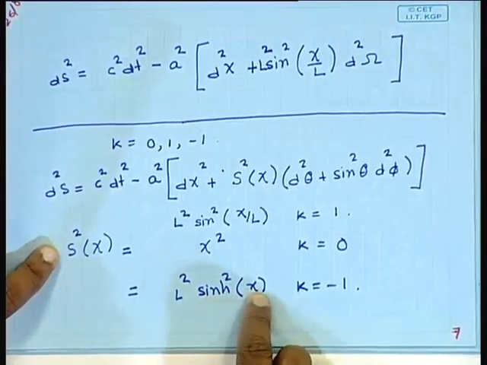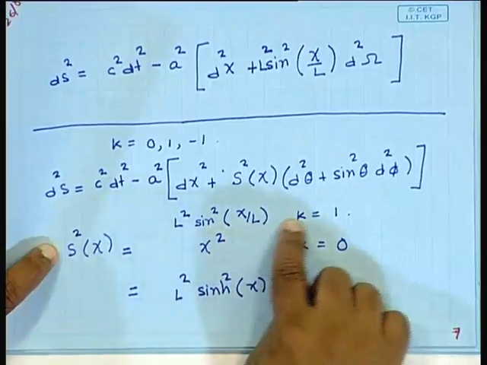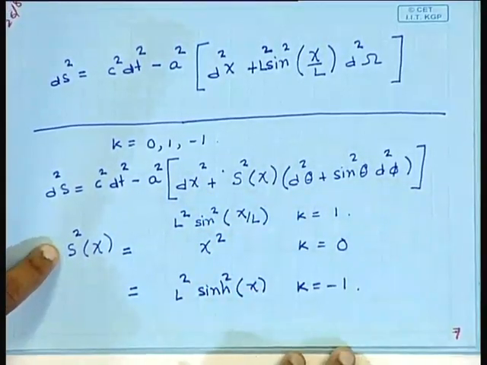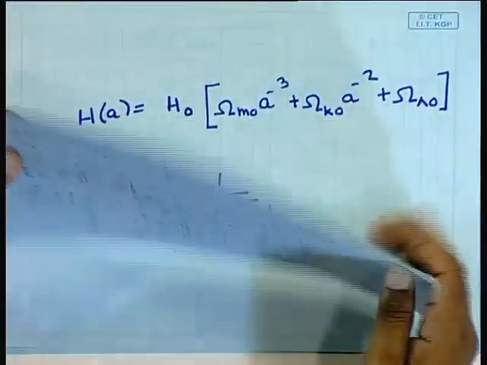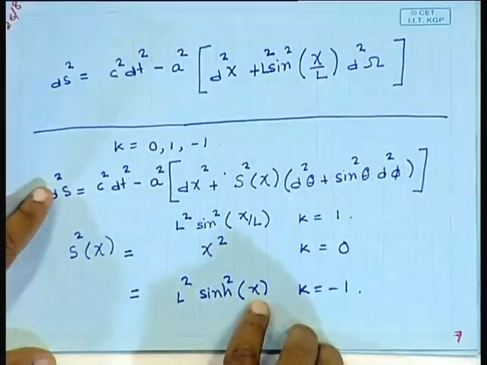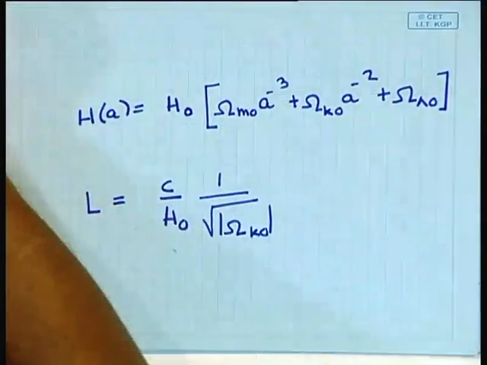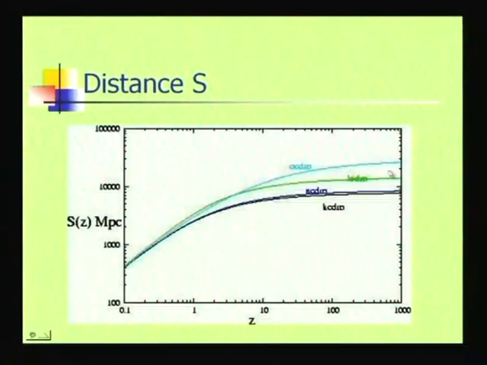So, it is an exponential increase in this case. Here it is just a linear increase. Here it is a linear increase to start with, then it slows down. So, with increasing chi, S increases exponentially in this case. So, in the OCDM model, the spatial curvature plays an important role and increases the value of S.